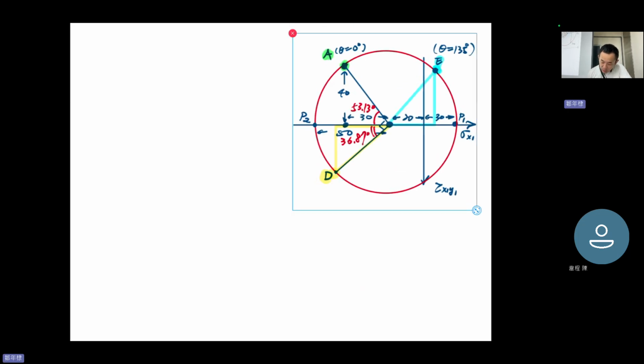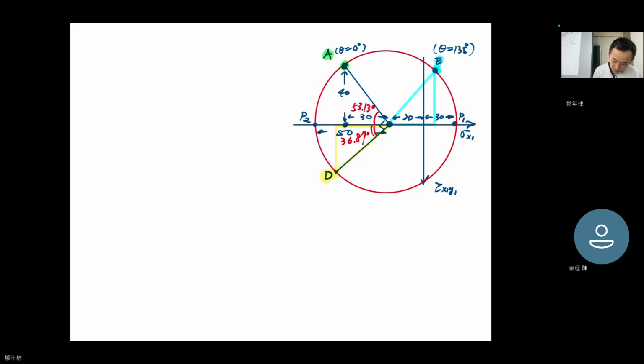So I just copy here and then add more. Principal stress. Okay, theta P2. We have done that, right? 53.13.